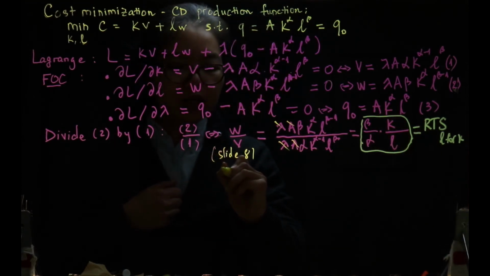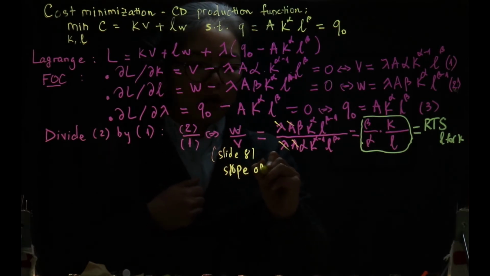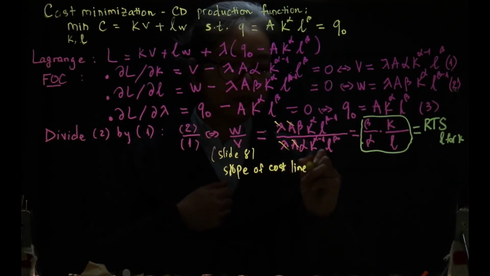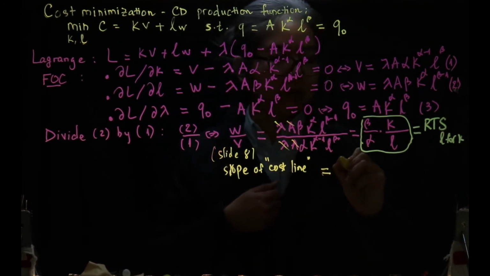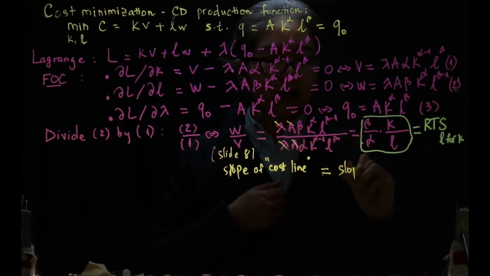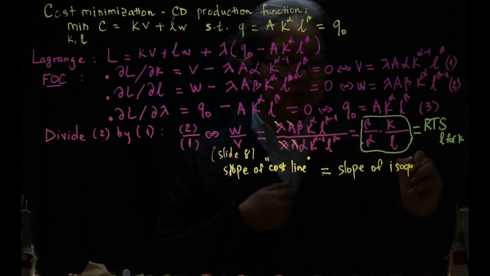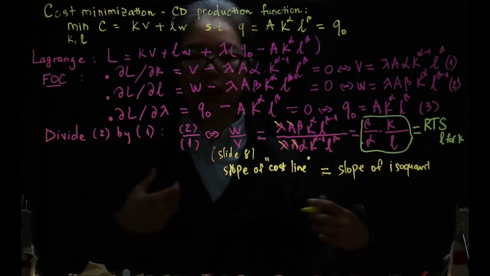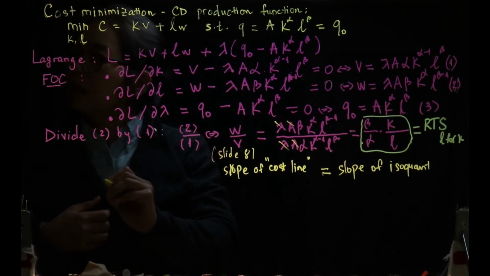So that also means that the slope of the cost line, this is how I call it, you don't find it on the slide or in the textbook, but I call it that way, equals the slope of the isoquant. That is where we find the tangent point, where the cost is minimized. Alright?